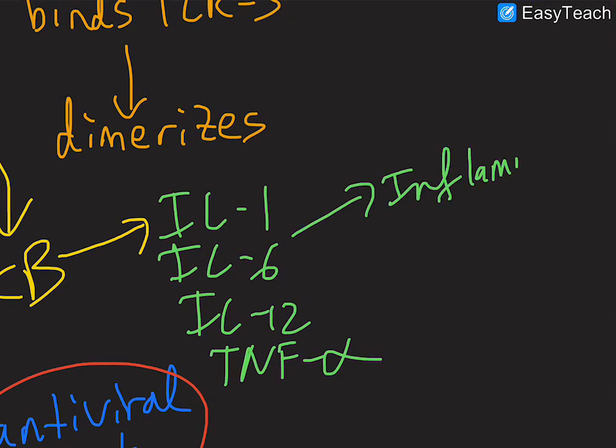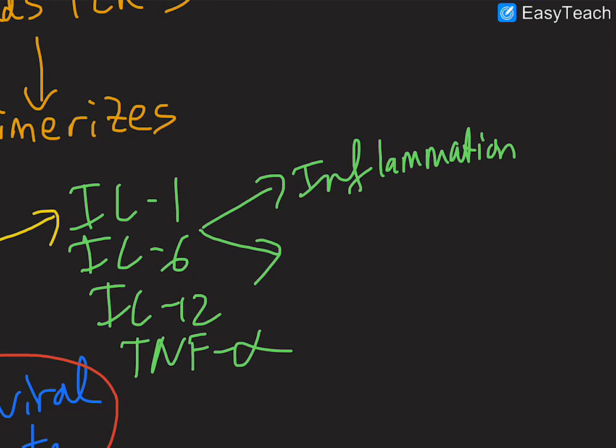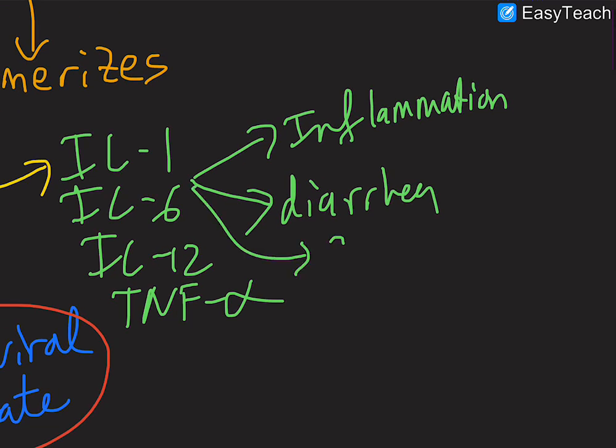The more inflammation, the more permeability increases, which leads to diarrhea, which is why you see diarrhea. And which is why you see fever, because these cytokines can go to the hypothalamus, which we know is important for regulating body temperature. So you can get a fever due to the increased production of cytokines.